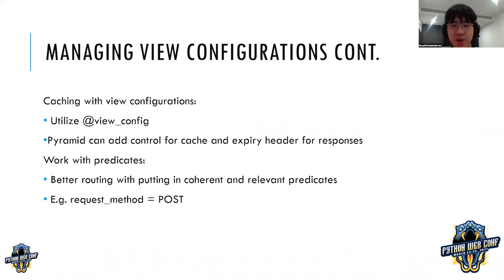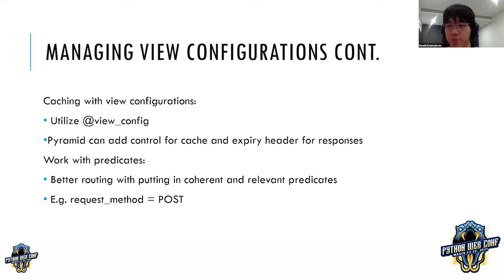And a bit more about managing view configurations. We're able to cache view configurations, and we can utilize that by doing add view config. With that, we're able to add control for cache and expiry headers for responses through view config. And through that, we're able to work with predicates as well.